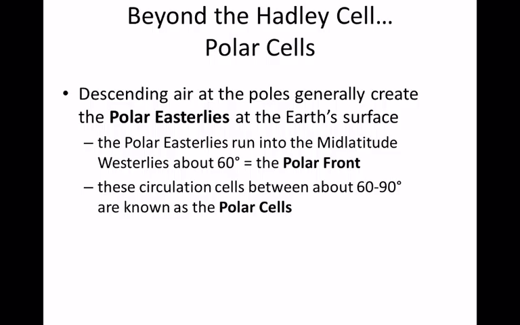So we'll talk more about that, but actually here, at the surface, between these two cells in either hemisphere, we have clashing warm air and cold air. When warm air and cold air clash, that creates what we call a front. So actually right here, like the video said, this is a polar front, and this is a polar front.